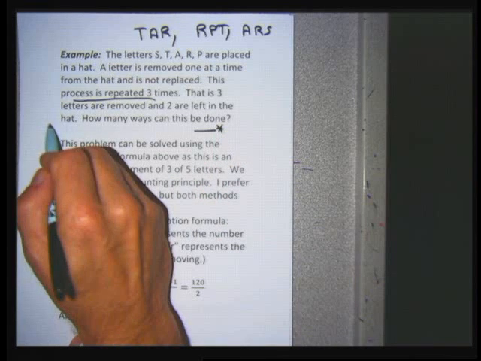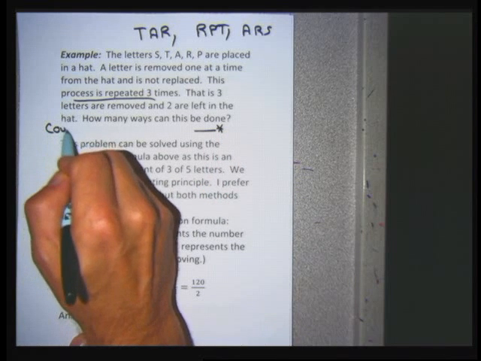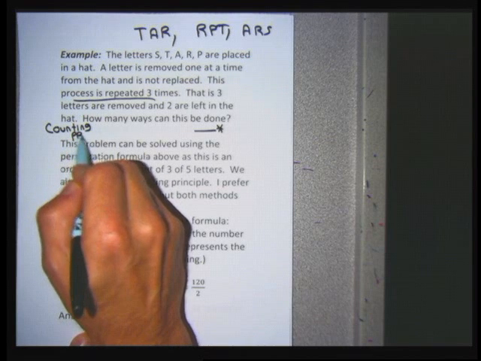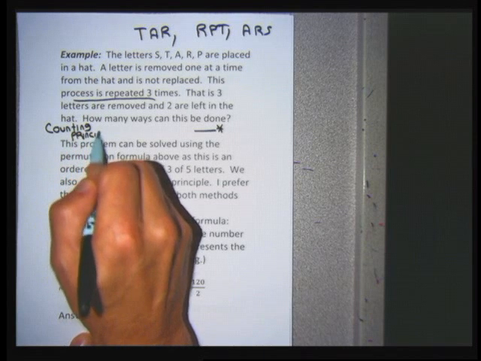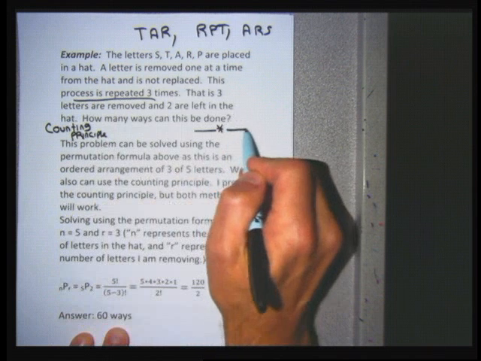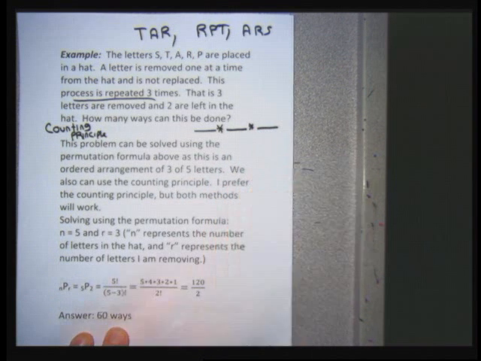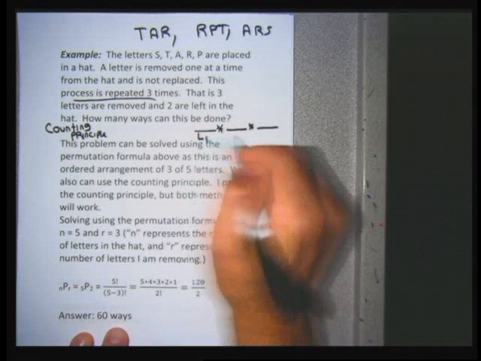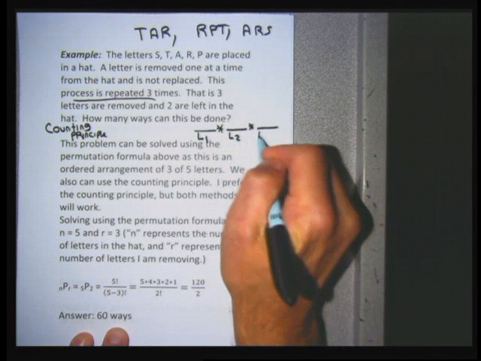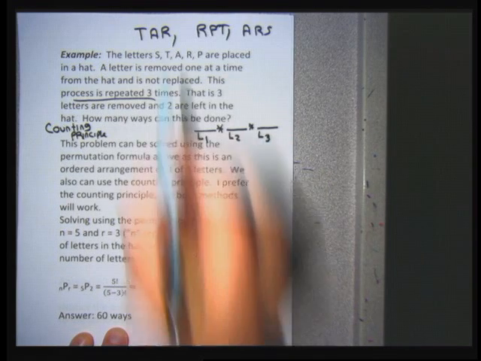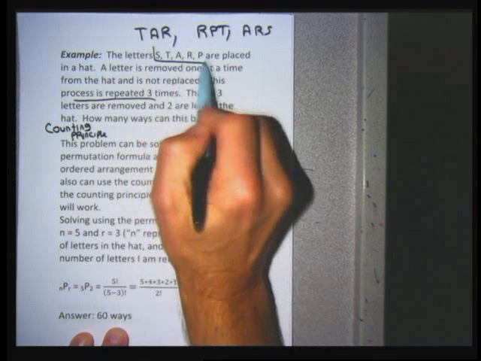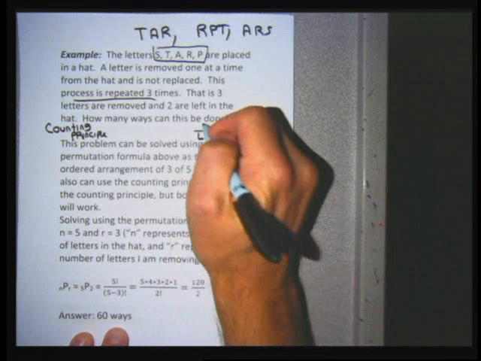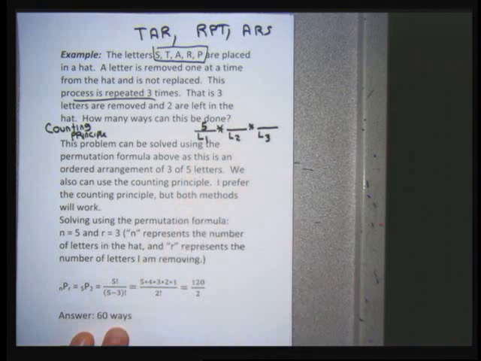So this is the counting principle way to solve, and this is the way I would generally solve ordering problems, because it's the best, I think. So I need to pick a first letter, a second letter, and a third letter. Well, in my hat, there are 5 letters to choose from. So for the first letter, there's going to be 5 choices.